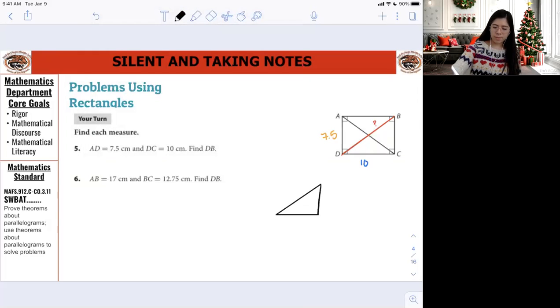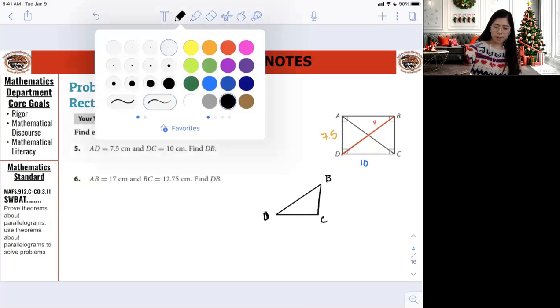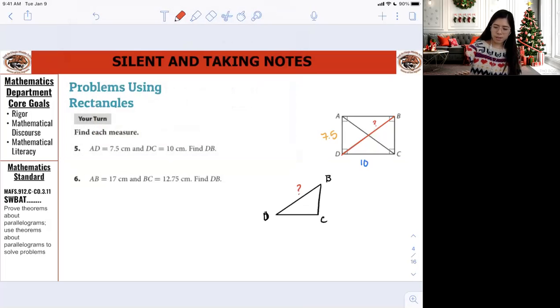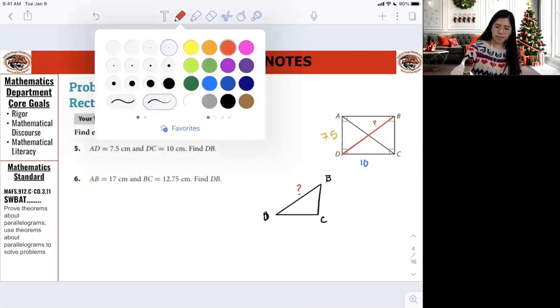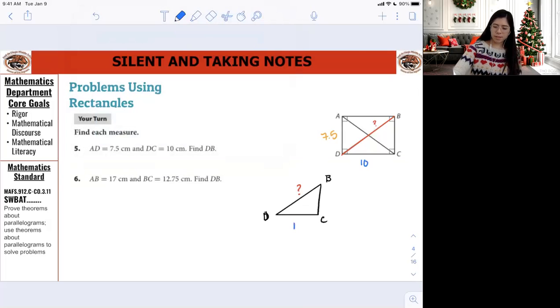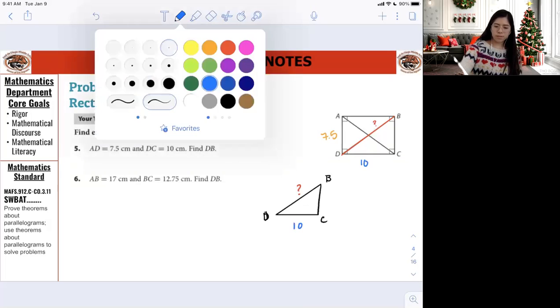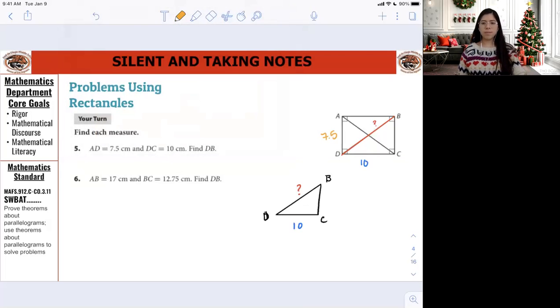Okay, so I have DBC, and I'm looking for the hypotenuse. I know that DC is 10. What about BC? Do I know BC? 7.5.